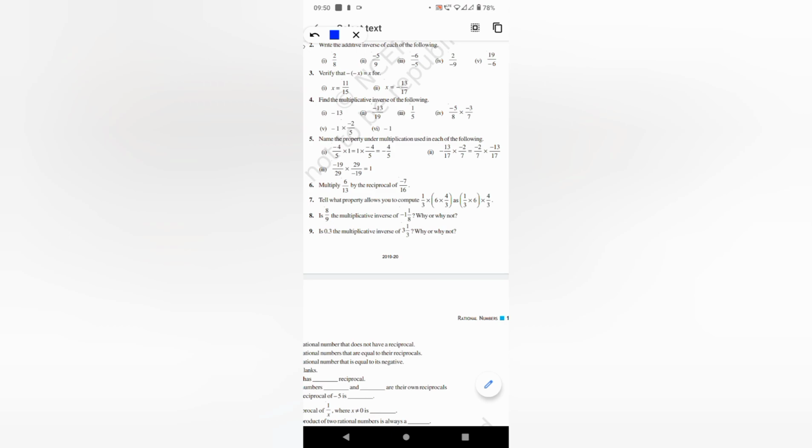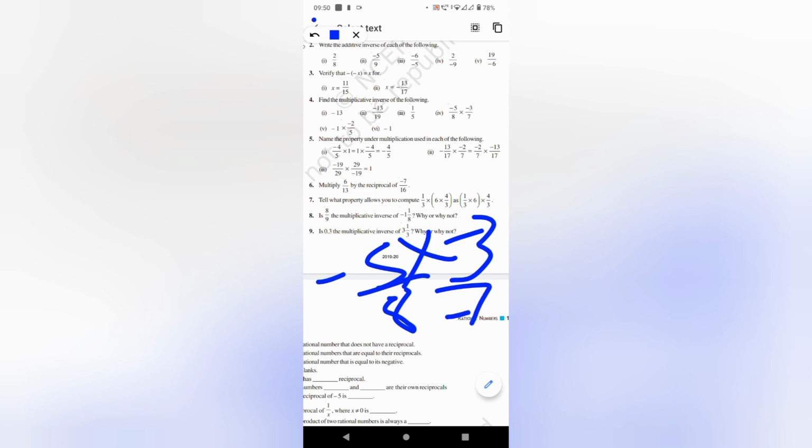Okay. So the next question is 1 by 5. So it will become 5. And then minus 5 by 8 into minus 3 by 7, what will it become? It will become 56 by 15. How will it become 56 by 15?